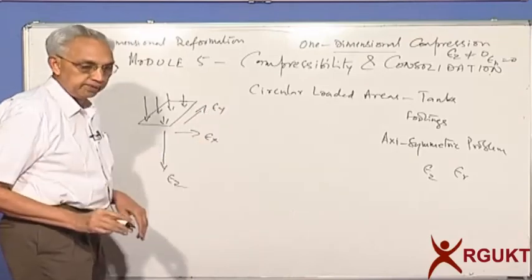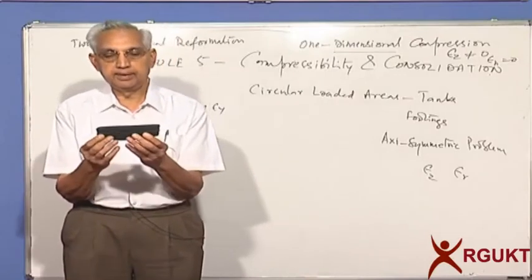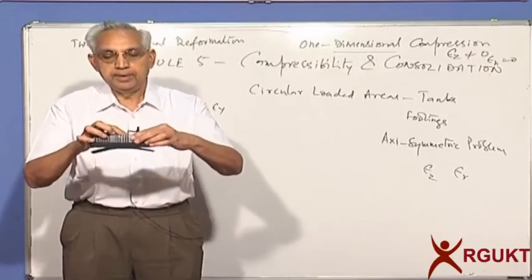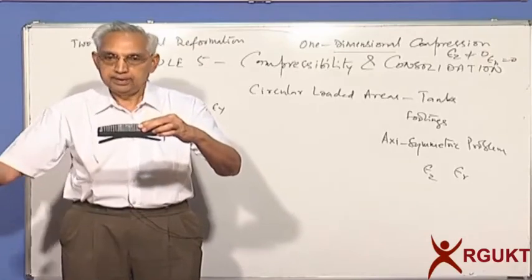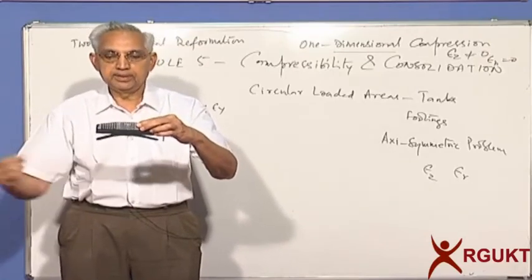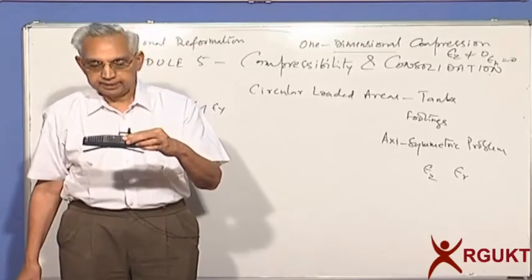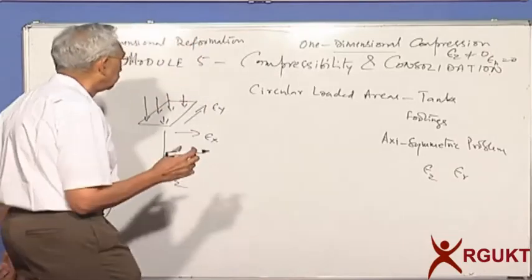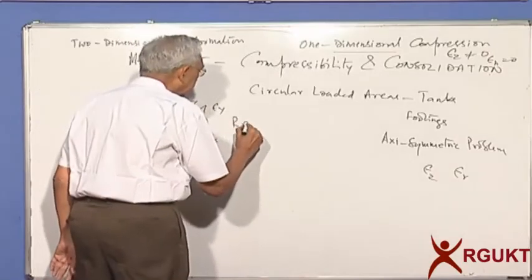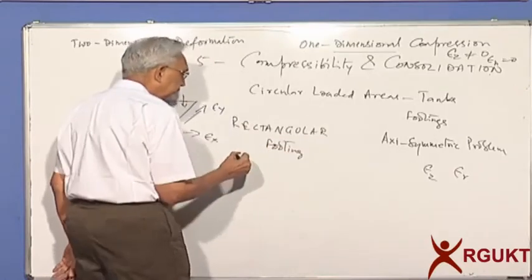So if I have, for example, a footing of this rectangular shape and you are putting a load here, you will have deformations in the vertical direction, the longitudinal direction and the transverse direction. So this is a real three-dimensional problem. This is a rectangular footing or any irregular shape you can put in.